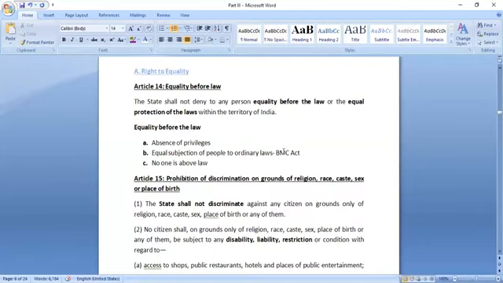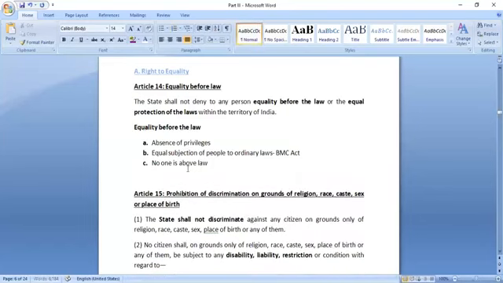That should be applicable to all the people. It's not like one person is allowed to travel without following the guidelines and procedures, but others are not. Equal subjection of all the people. And thirdly, no one is above law. That means everyone would come under the purview of law. Whatever is applicable to one person would be equally applicable to other persons in the same category as well.